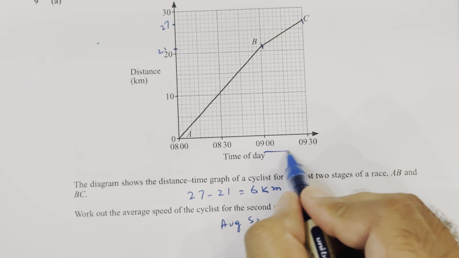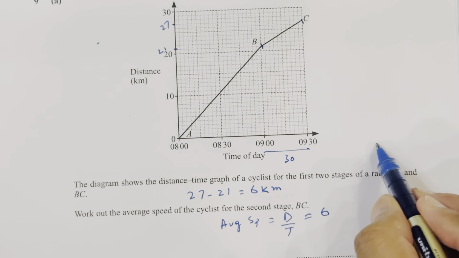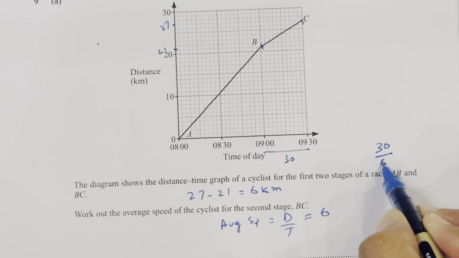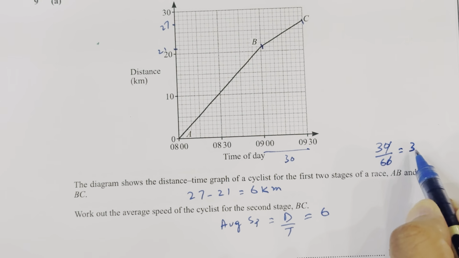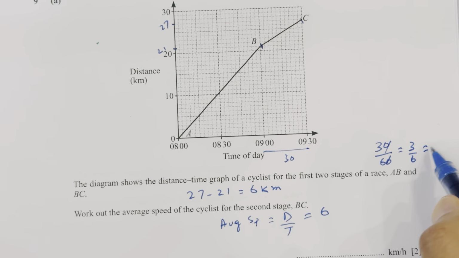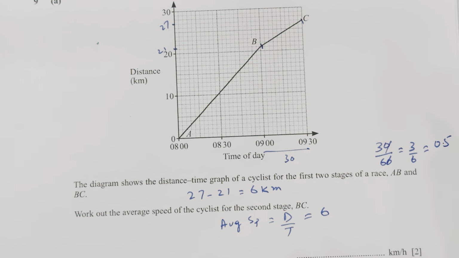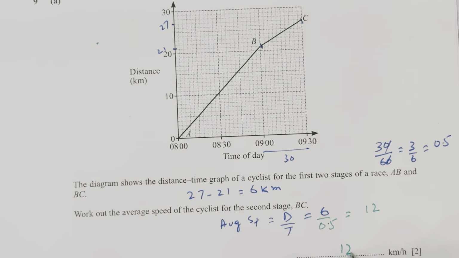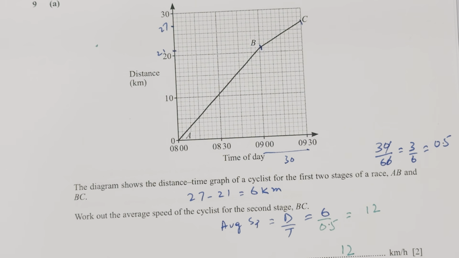We need to convert into hours. 30 by 60, 3 by 6, it would be 0.5. So we divide 6 by 0.5 and we get the answer, that is 12 kilometers per hour.